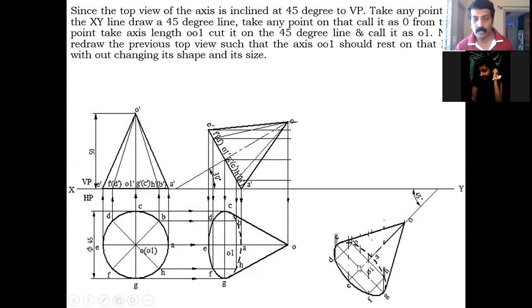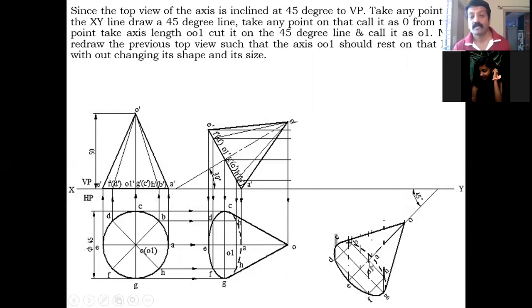From O1 you draw a 90 degree line and take this O1 to C, O1 to G distance, cut it on either side, you are going to get G and C. Similarly, O1 to this distance you take, draw a perpendicular line. O1 to this distance you take, draw a perpendicular line. On that line from here to D, from here to F, from here to B, and from here to H, the distance is the same.